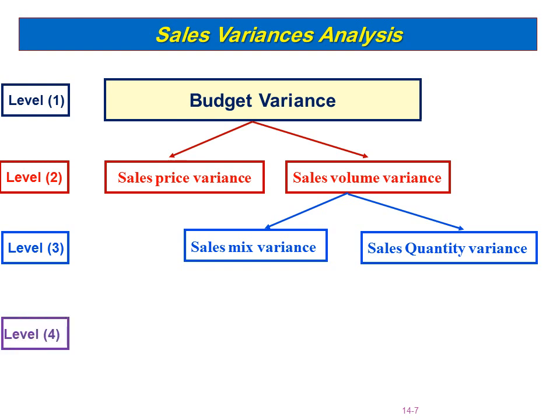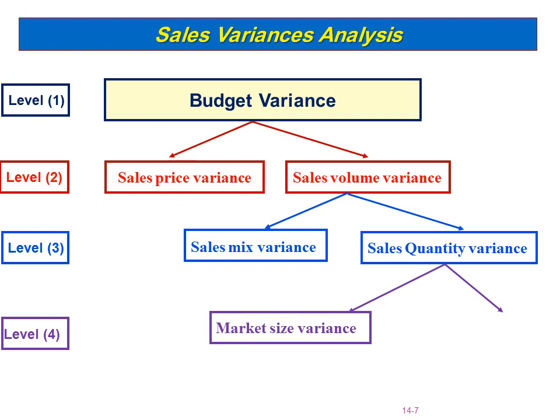The last level of analyzing is to reanalyze the quantity variance into 2 kinds of variances also: market size variance and market share variance. This is my map to analyze sales variances.